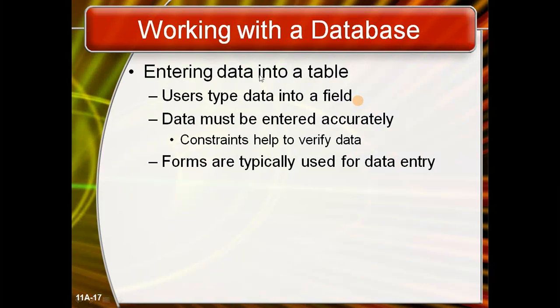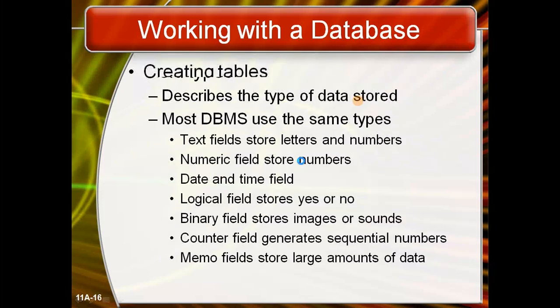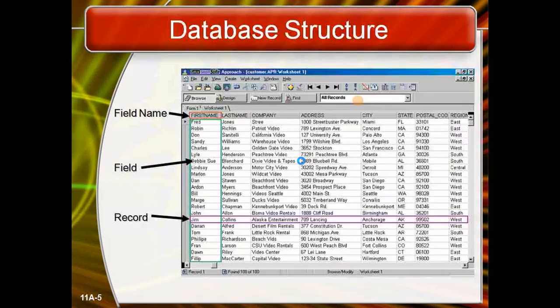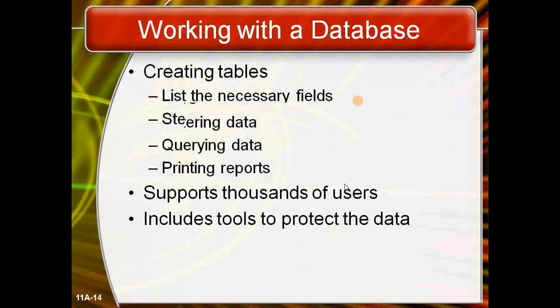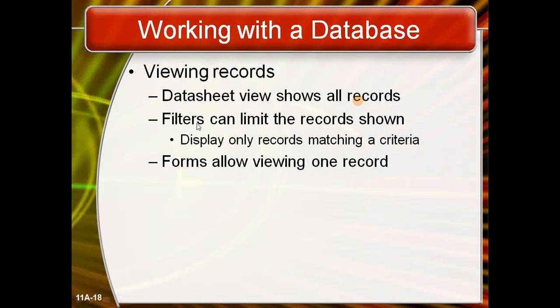Entering data into a table, users can type data into a field. Viewing records: you can view the data in a datasheet, like this. This is the datasheet, right? And then you can filter the data for a particular set of records.